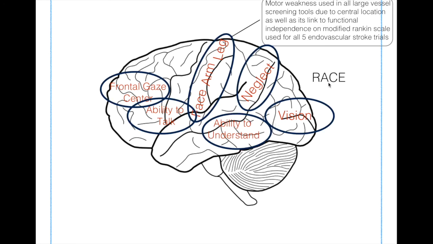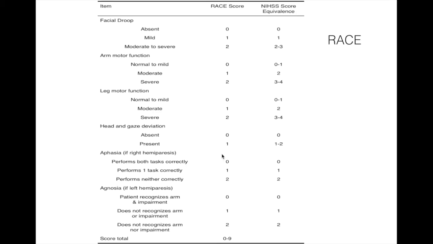The first one is RACE, Rapid Assessment of Occlusion of Emergent Large Vessel Artery, right? This RACE score tests face, arm, leg, neglect, inability to understand or talk, basically aphasia, and vision and gaze preference. But it's a relatively long exam. Look at this. You test face, you score 0, 1, or 2. You test arm, then you score 0, 1, or 2.